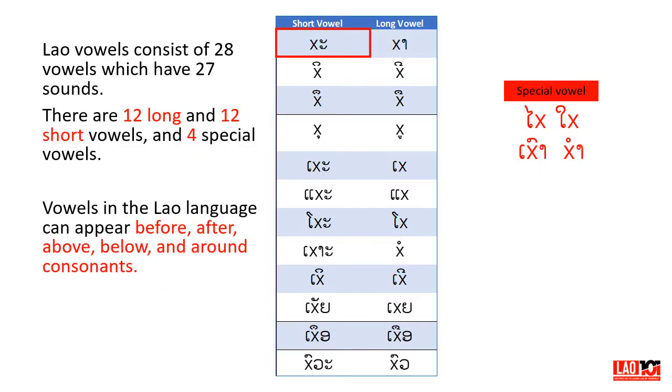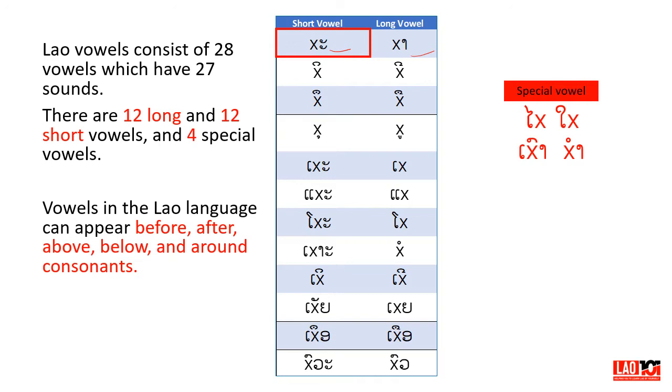So next, let's start reviewing the sound of the 12 long and short vowels. Sala'a, Sala'a. I will skip the word sla and just read the sound instead.